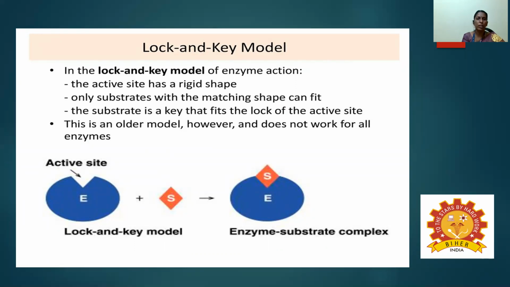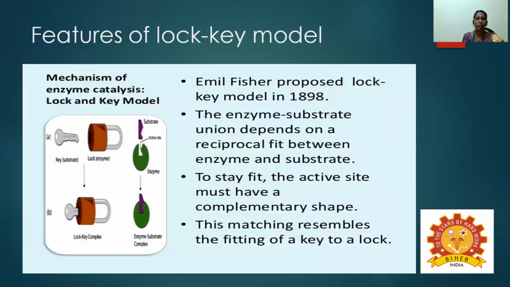So in the lock and key model, the main important feature is the active site. The active site should be rigid. It acts like a lock and key, so it can bind, but it does not work for all enzymes. And what are the features given?